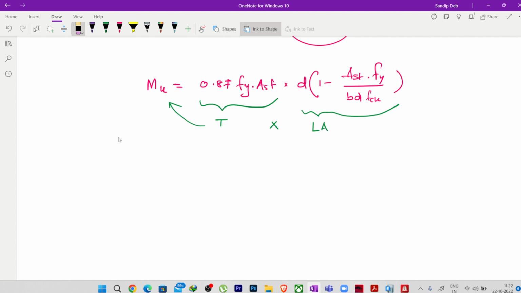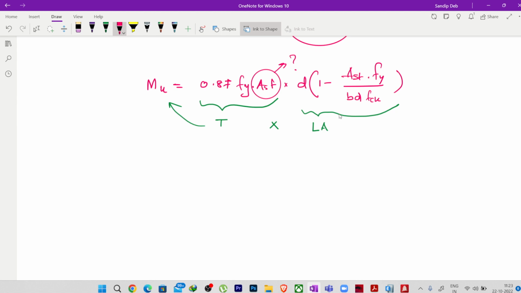Whatever analysis moment we are getting in the beam, to resist that analysis moment, what is the amount of reinforcement that we need to provide, which can create this resistance against the moment? That is what we need to find, right? So that's why they have written Mu. We will put the value of our analysis moment here, and for this particular analysis moment, what resistance we need, in terms of that we need to find out the AST.